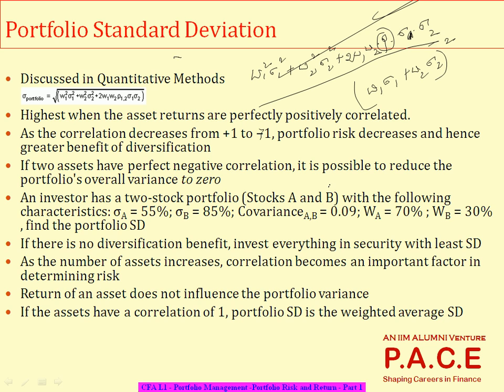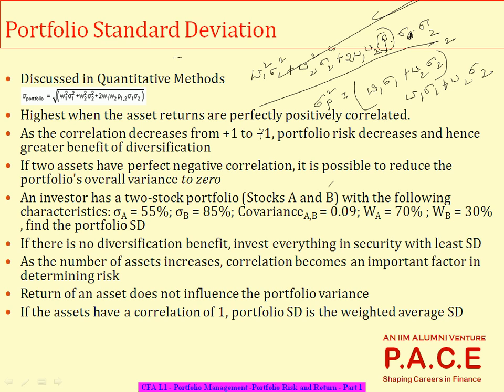So the variance of the portfolio is equal to this. Standard deviation is the square root of this, which will come out as W1 sigma 1 plus W2 sigma 2, which is nothing but the weighted average of their standard deviations only.